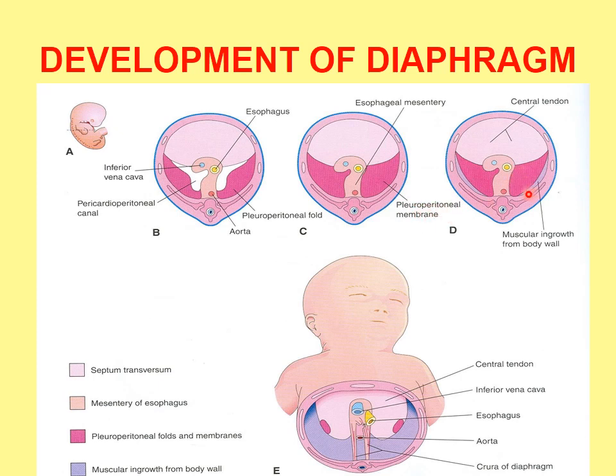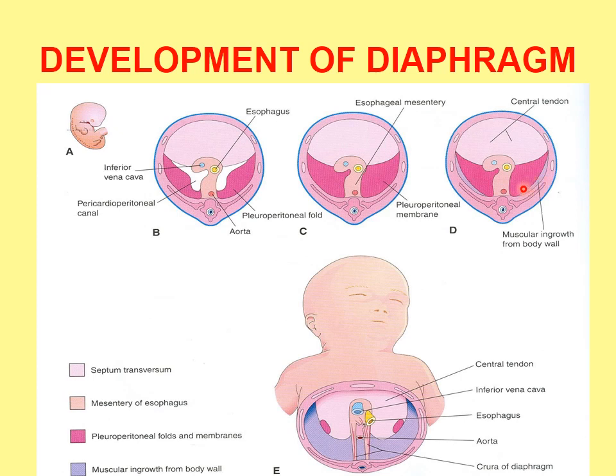It is very soon replaced by muscular tissue because of muscular ingrowth from the lateral body wall. The myogenic cells grow into the pleuroperitoneal membrane and convert it into a muscular structure.